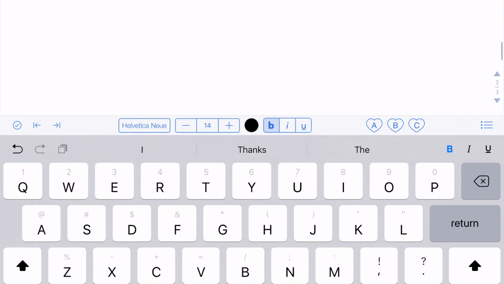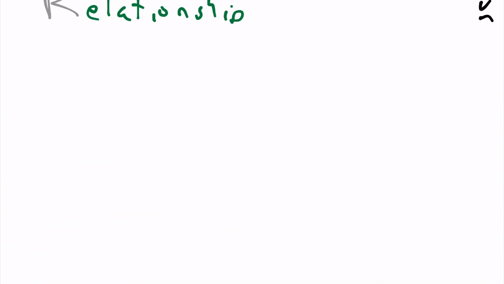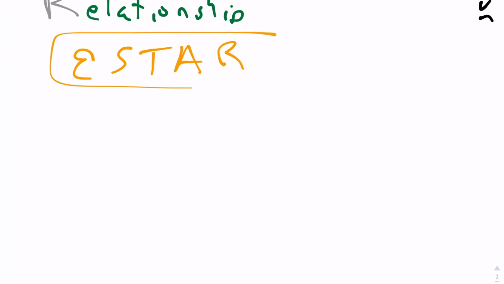So estar has its own acronym as well. And that acronym would be PLACE. And each letter stands for something, again, a reason why we should use that verb.